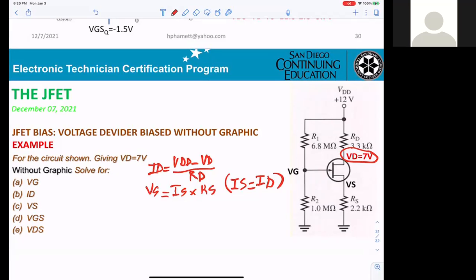Right, the voltage from source to ground is ID times RS, the same as IS times RS, right? That's the thing, those currents are the same value all the time. You don't have any other different way to calculate the VS.